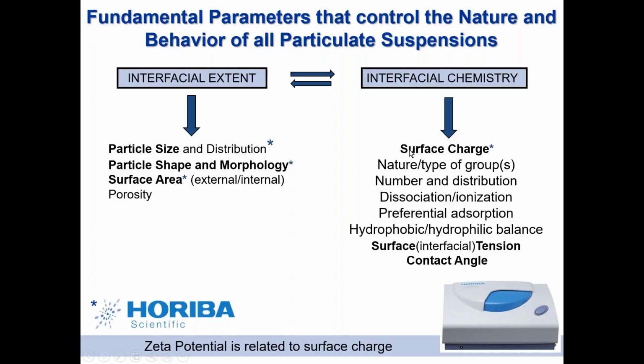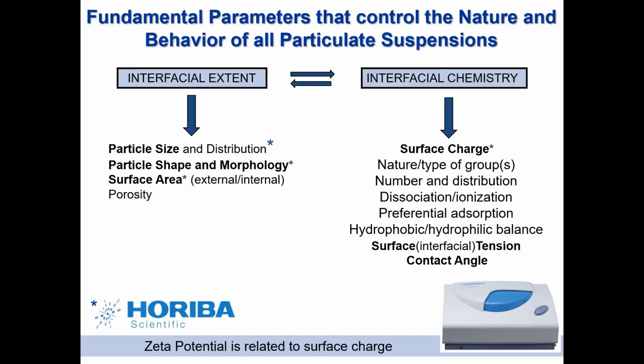The physico-chemical characteristics that constitute the interfacial chemistry are more complex, but the prime property is the surface charge that in turn depends on the type, number, and degree of ionization or association of any material surface functional groups in relation to the fluid chemical composition.